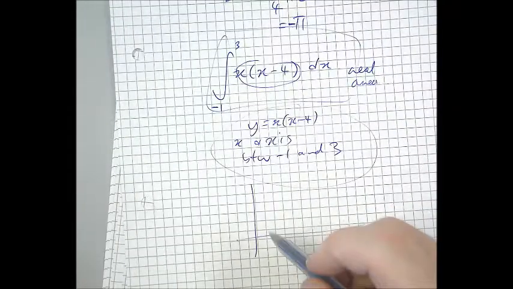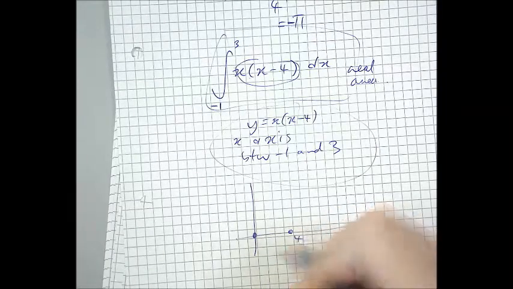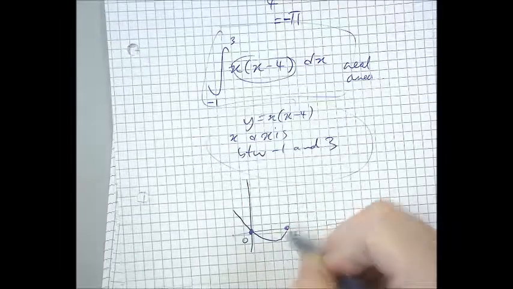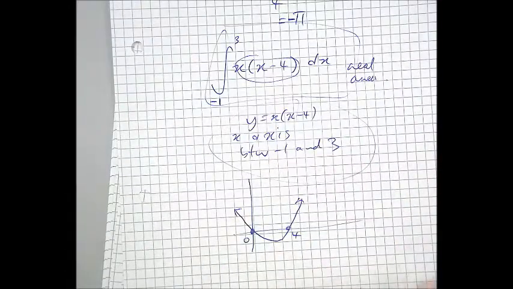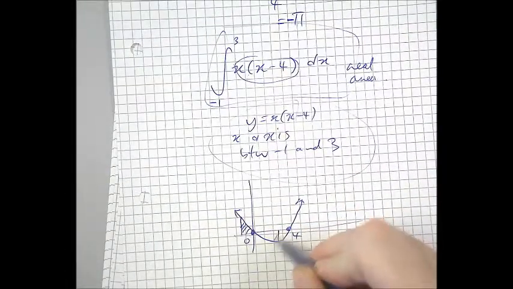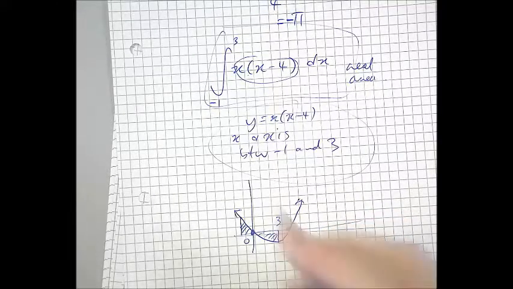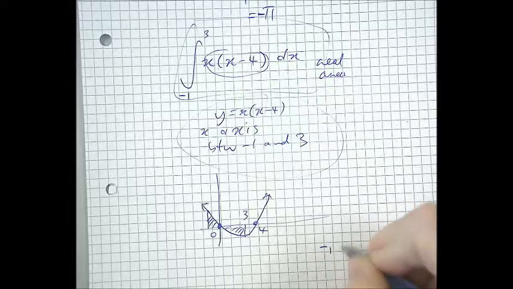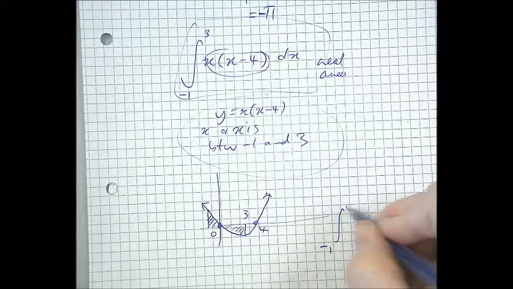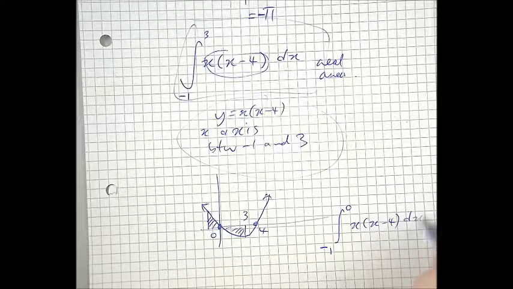Okay, so the way around it is to be jolly sure where this crosses the axis. Crosses at 0 and 4. So we want that, and a little bit of that. Yeah? So what I recommend is do it twice. Work that out. Yeah?